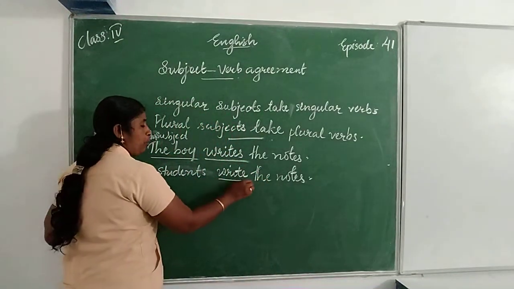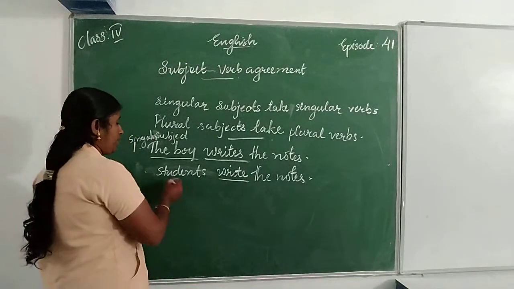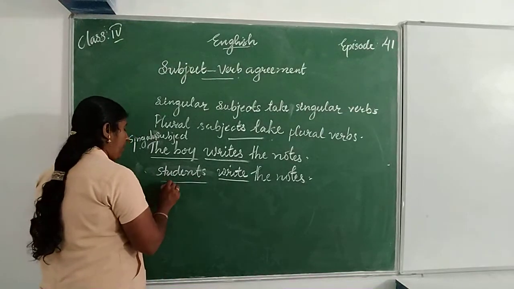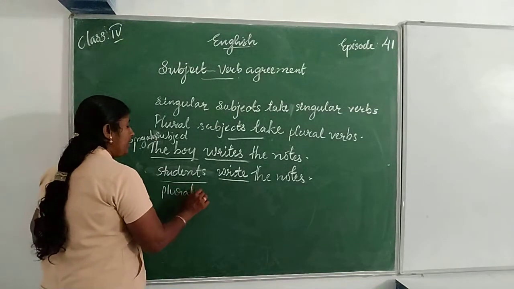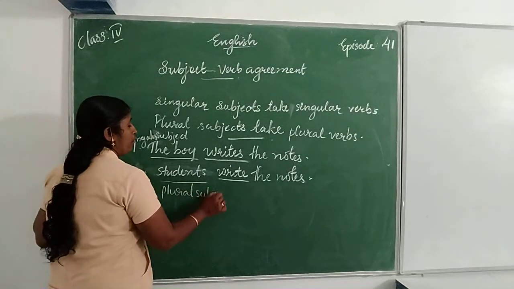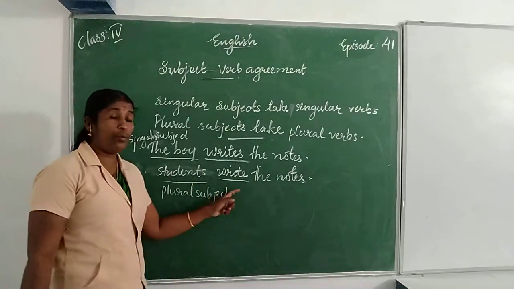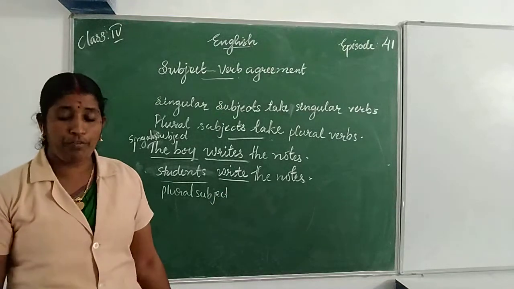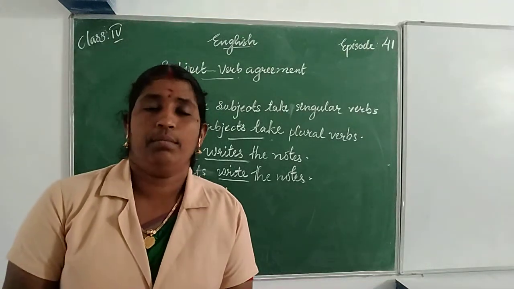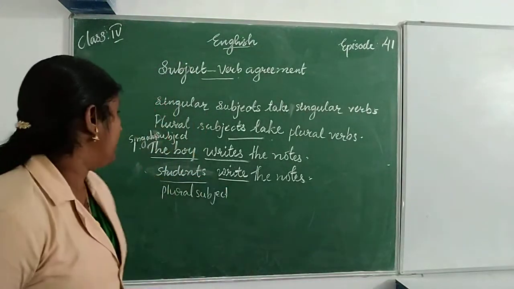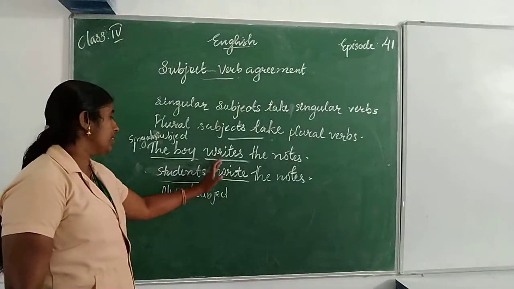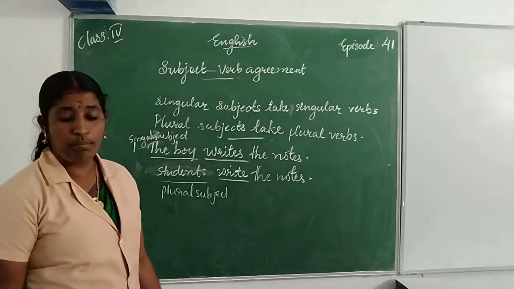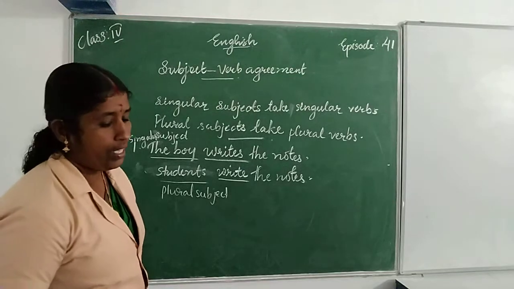Here the verb is plural. Why? Students. The subject is plural. It is a plural subject. So we use the plural form of the verb write. The boy writes, students write.